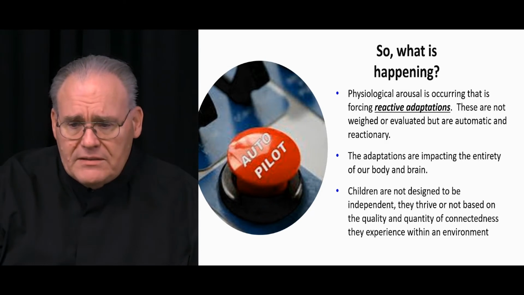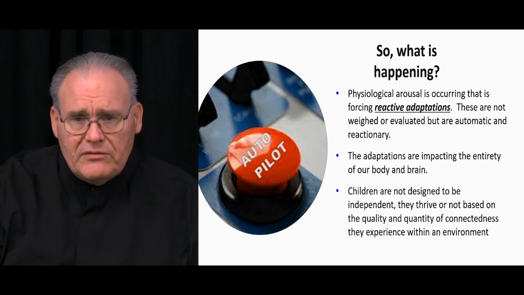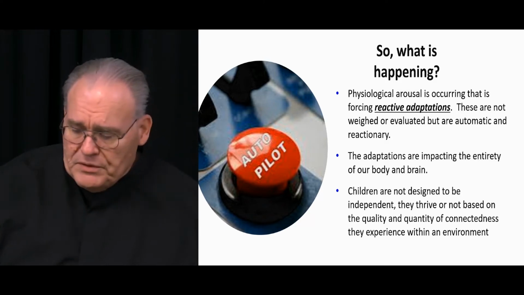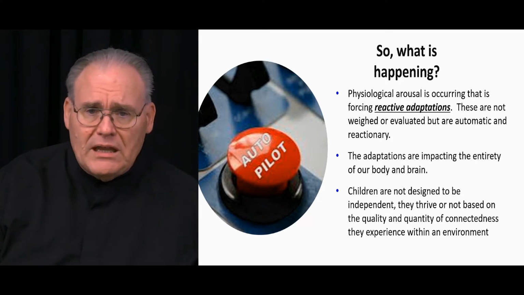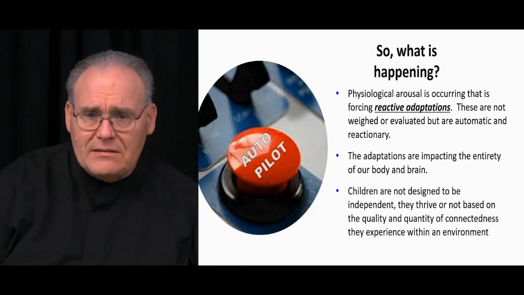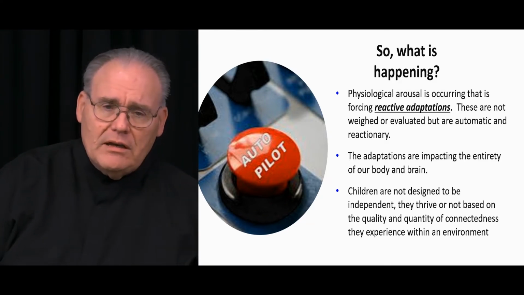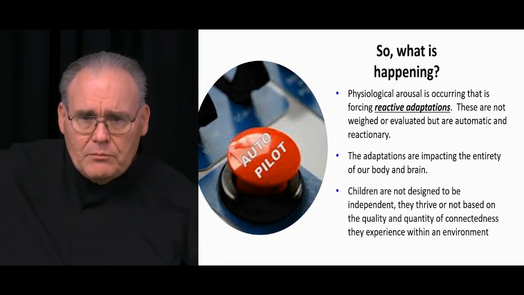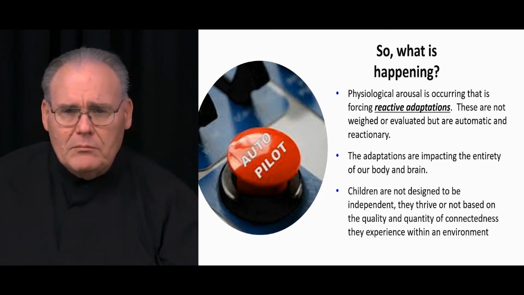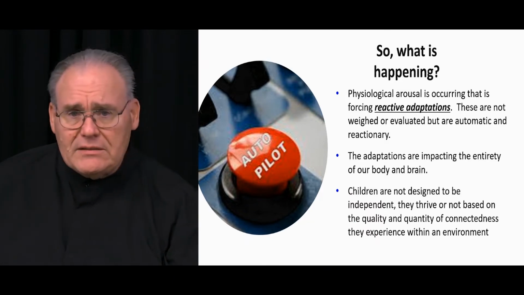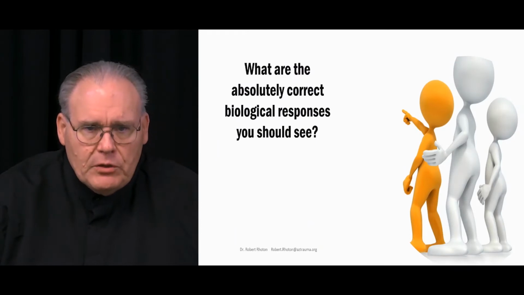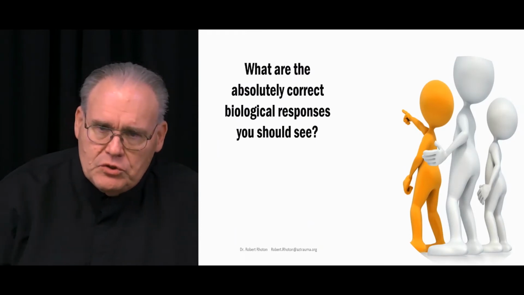So when you start understanding this from a different perspective, from a salutogenic point of view, you realize that the pathology view is responsible for a lot of indirect, subtle judgment and bias, whether that's that the child's behaving that way on purpose, or they should know better, all the way up to giving them diagnostic labels that are kind of negative. What are the absolutely correct biological responses you should see?